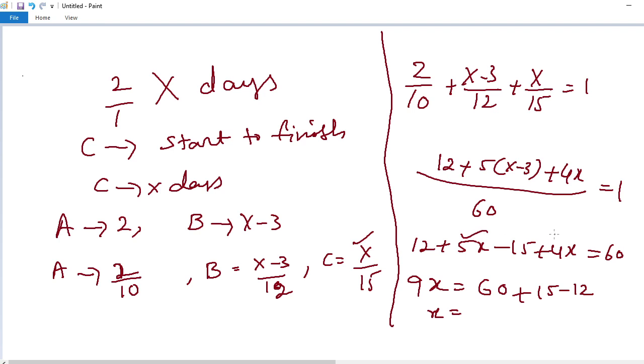This is 5X, this is 4X. 60 plus 15 minus 12, 75 minus 12, so 9X is equal to 63. So X is equal to 63 by 9, that is equal to 7 days. So in this way, problems are asked in CAT, GATE, TCS, NQT, RRB and other competitive exams.